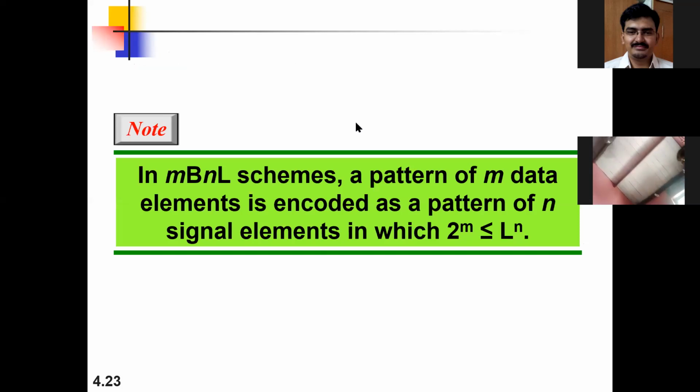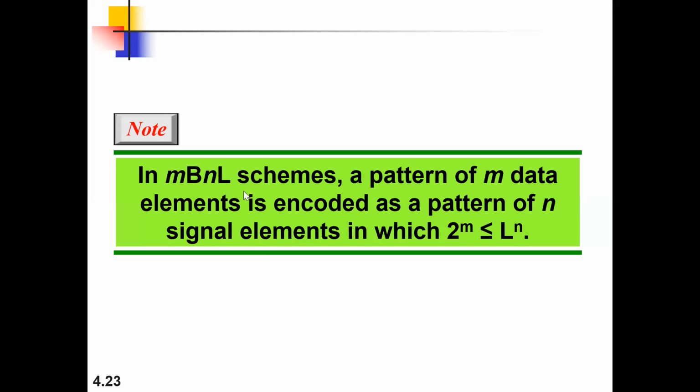N is the number of signal elements; signal elements means how many horizontal lines you will have. Understanding it? The last one is the level L, meaning how many levels you have for representing the signal.